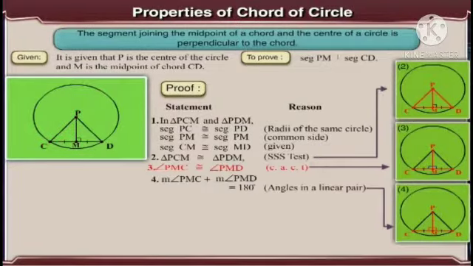Therefore, triangle PCM is congruent to triangle PDM by SSS test of congruency. Therefore, we can say that angle PMC is congruent to angle PMD, since they are corresponding angles of congruent triangles.